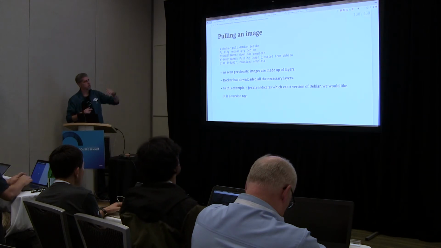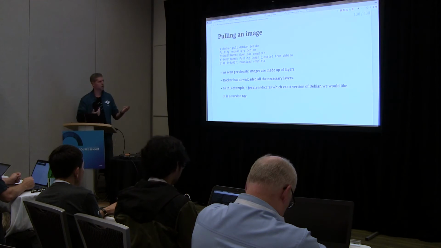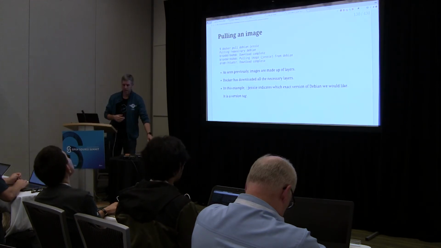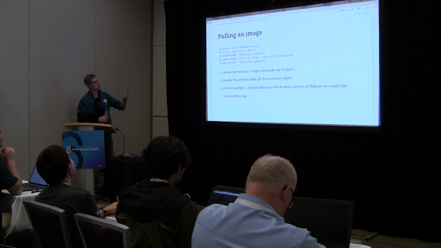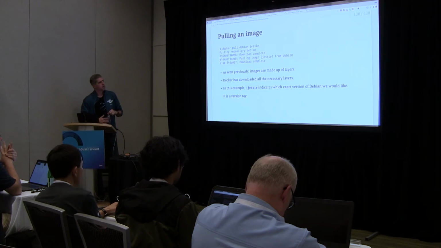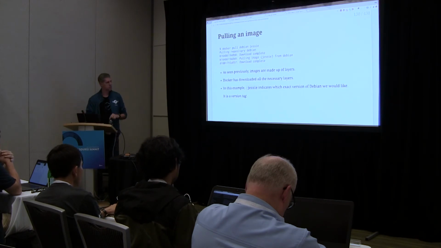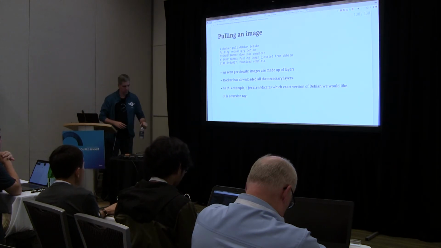In this case, you can try Docker pull Debian:jessie. This is the first time we've talked about the second part of an image name, the tag. I'm not sure what the default is for Debian, but Debian:jessie pulls the jessie-named release of Debian, and obviously there are other Debian releases out there.